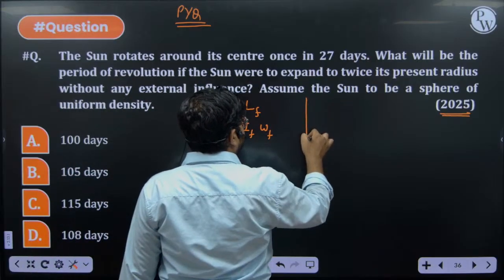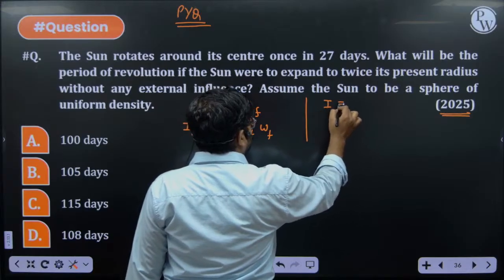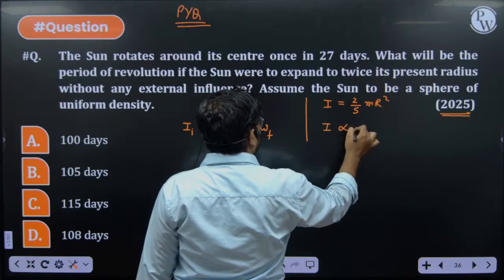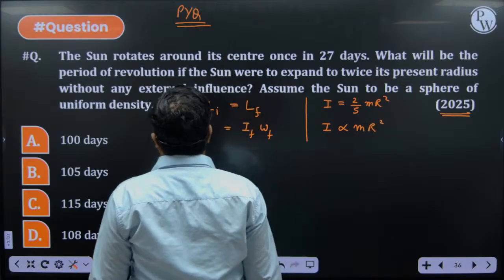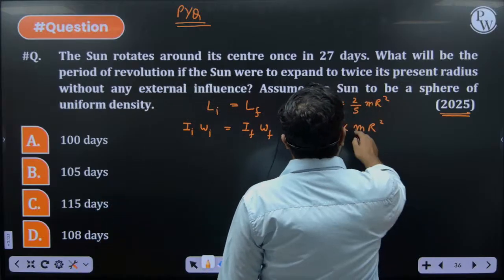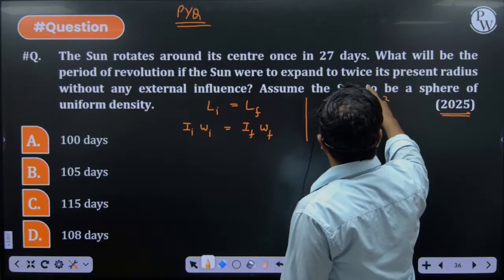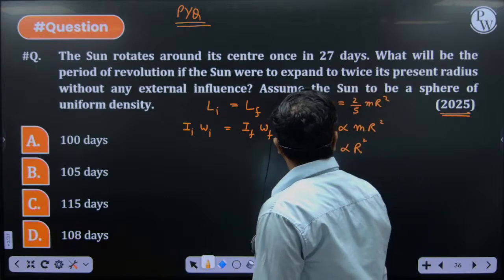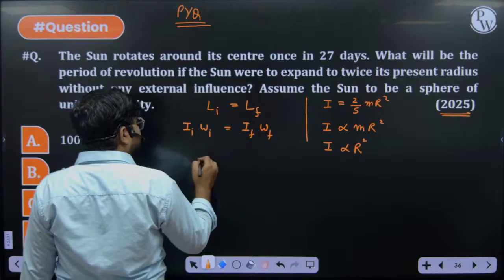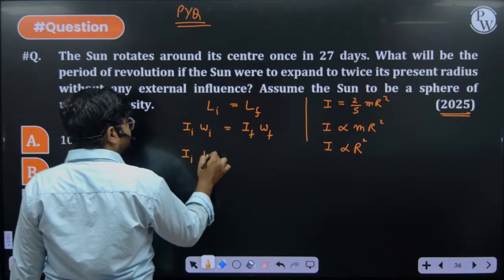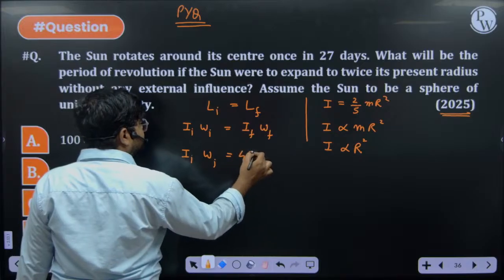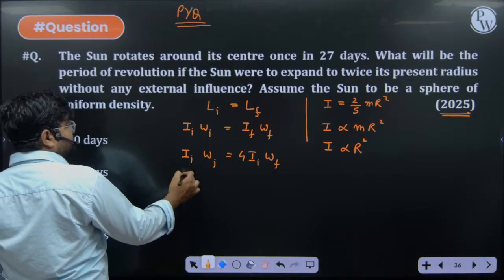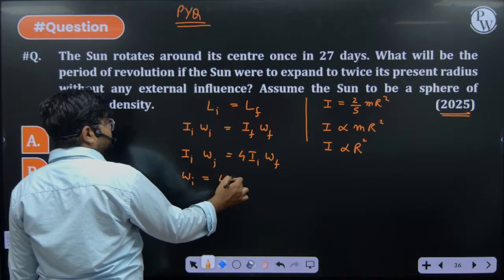Now, moment of inertia is 2 by 5 mr square for a solid sphere, or I can say it is just proportional to mr square. Mass is not changing, only radius is doubled. So I is just proportional to r square here. Radius is doubled, so final I must be 4 times the initial, right? So I can say omega initial is 4 times omega final.